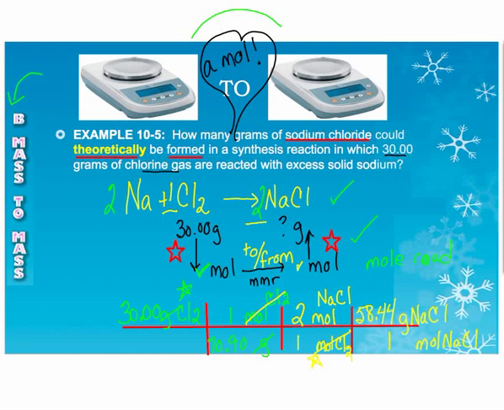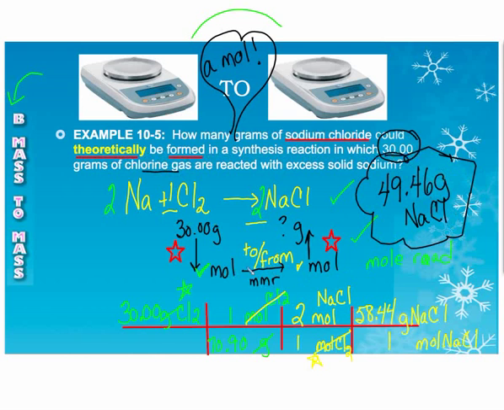All right, now if you did all of that algebra correctly, and notice I have 4 significant figures in my first number, my answer is going to be 49.46 grams of NaCl. Final answer.